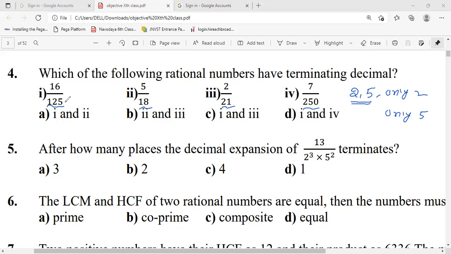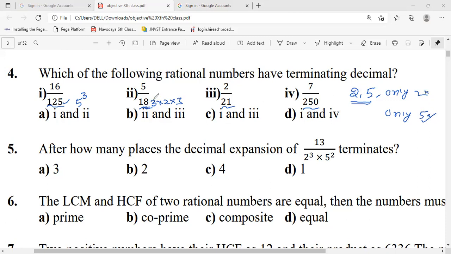So here, if you take 125, we can write it as 5 cube, which means only 5 is there. If you take 18, you can write it as 3 into 2 into 3. I said the denominator should contain only 2's, only 5's, or both 2's and 5's.